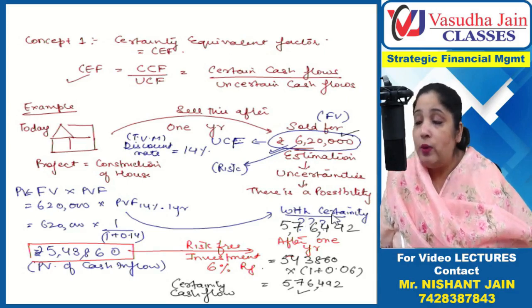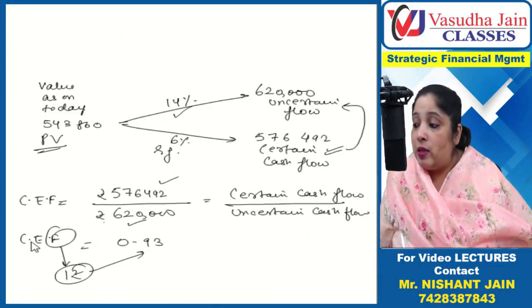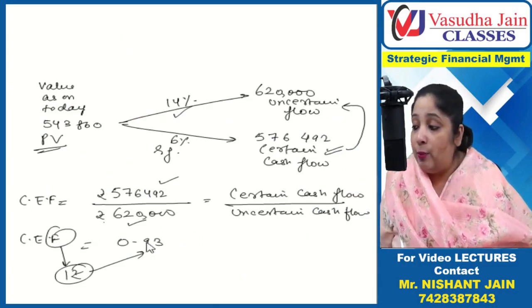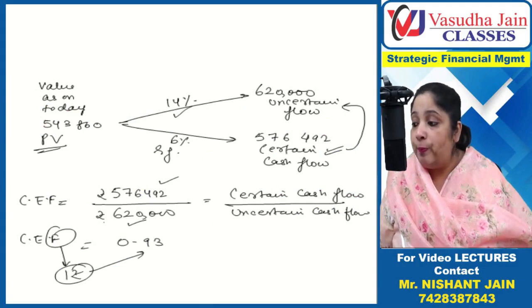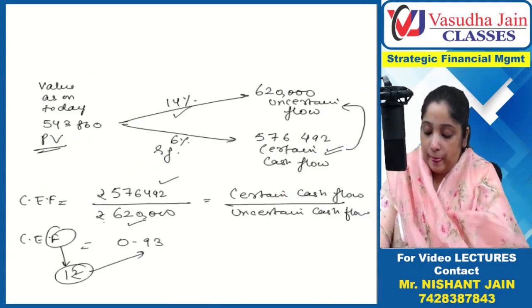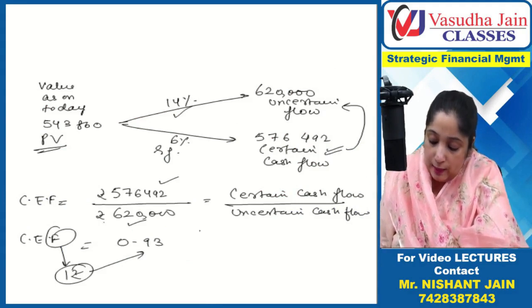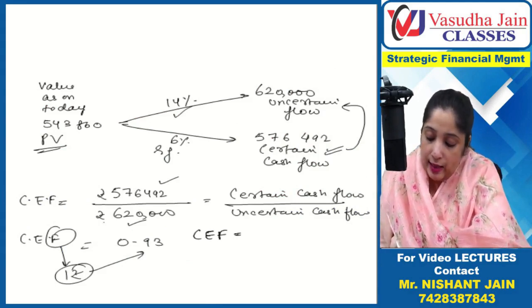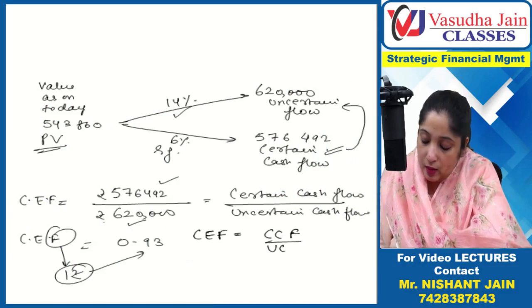How are we going to compute the certain cash flows? In the question, it will be given that the certainty equivalent factor is 0.93. So what we are going to do? From this formula, if you see, if CEF is multiplied with UCF, you get CCF.